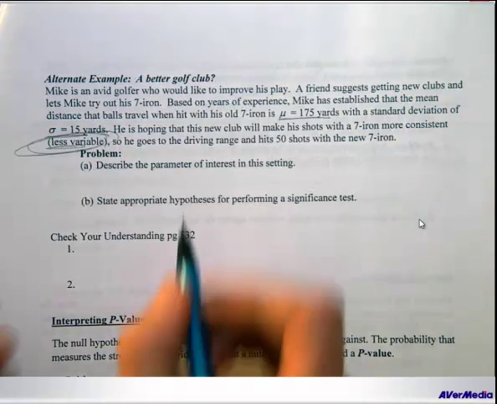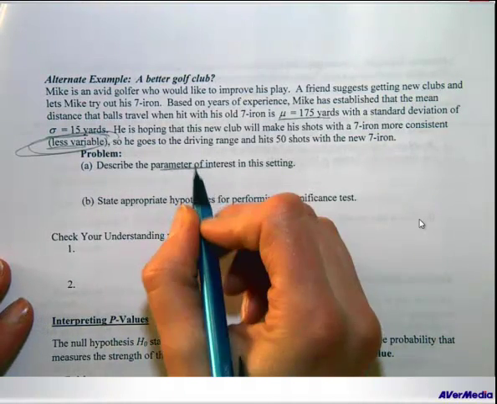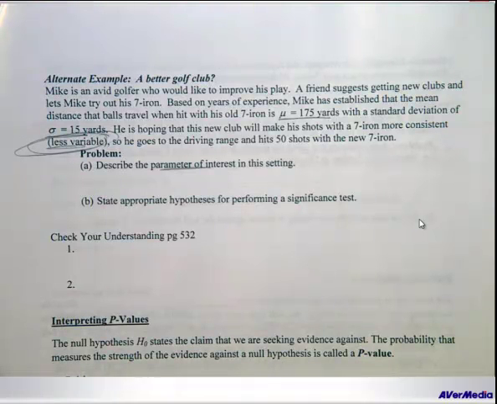So his parameter of interest is actually going to be the standard deviation, the variability. Does that make sense? If he had asked which one shoots it farther, then we'd be looking at the mean, like what's the average distance we could shoot. Does that make sense? Okay.